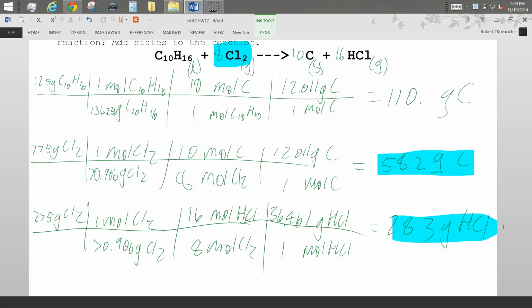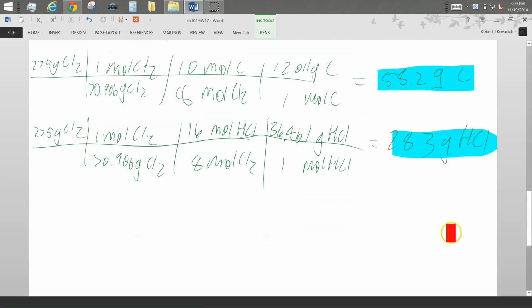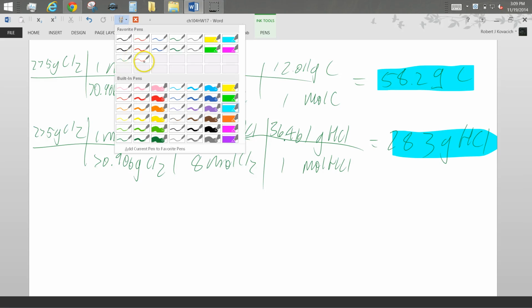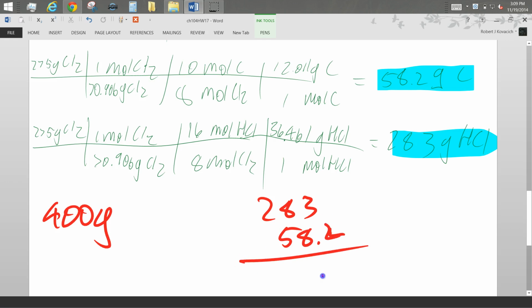I could do 2 things. What are the 2 things I could do now? Another railroad. I could do another identical railroad to the last 2, with the exception of putting in the amount of C10H16, or I could say that I started with 400 grams, and I have to end with 400 grams. And so I've got 283, and I've got 58.2, so 341.2.